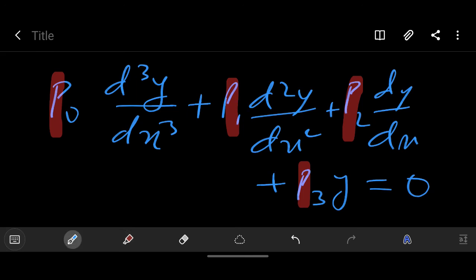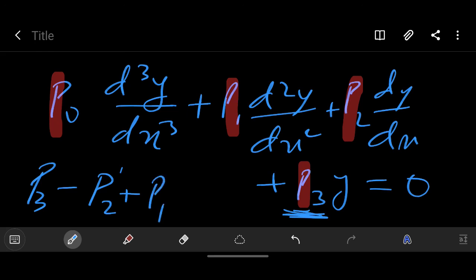While checking, we take the last one, P3, with no derivative, and change the sign to minus. Then P2, take the first derivative, then plus. Alternately, you change the sign. After P2 comes P1, with decreasing subscript, and you take the second derivative. Why don't we take derivatives of P3? Because it is the coefficient of no derivative, just the function. Why do we take the first derivative of P2?